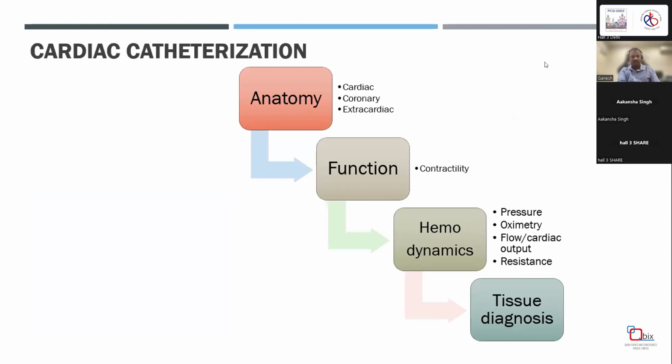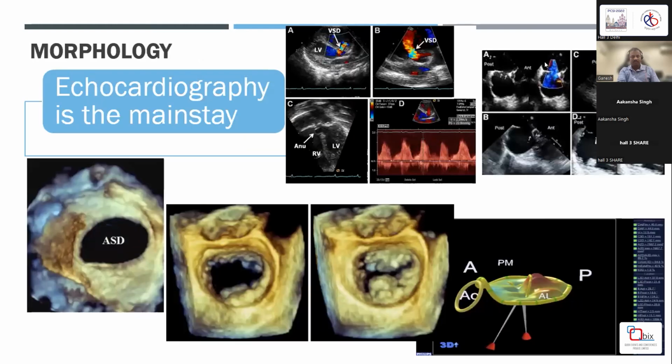And we know cardiac catheterization can be used for anatomical details, function, and, rarely so, hemodynamics. Our main focus would be hemodynamics, and it also gives you tissue diagnosis by biopsies. If you want to look at morphology, when you want your patient to have a good morphological definition, we've seen some beautiful cases that Dr. Saurabh was showing. Echocardiography is still the mainstay.